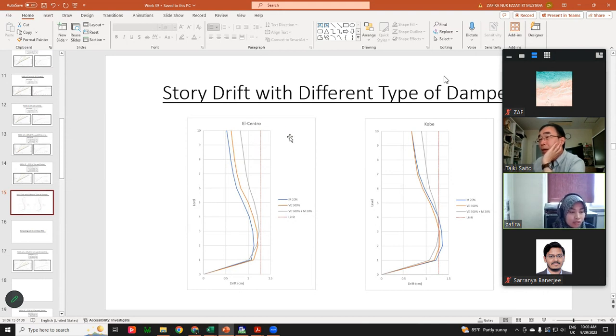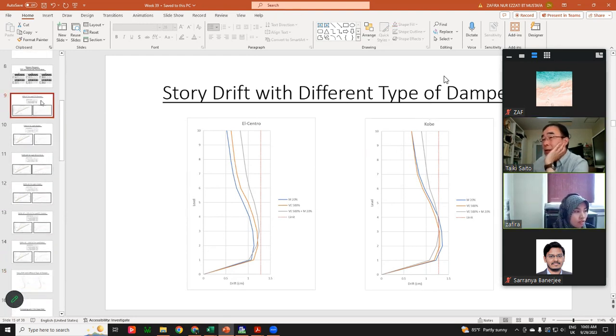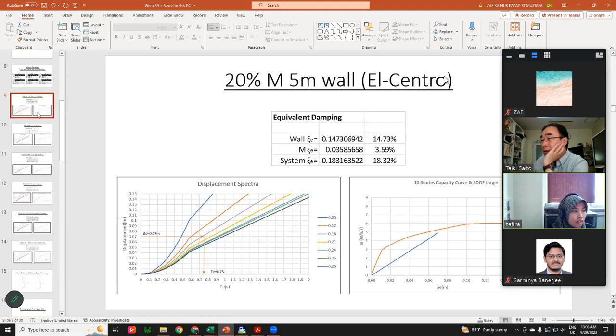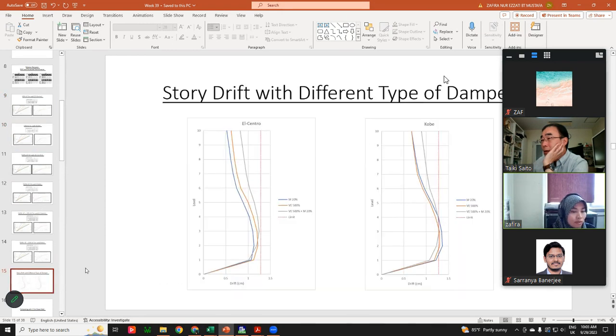So this is Central, the first on the left, and on the right is for Kobe. How did you get the optimum? Based on the interstory drift and also here the displacement based design. I have to check one by one, but the easiest way to see the difference is based on the interstory drift.